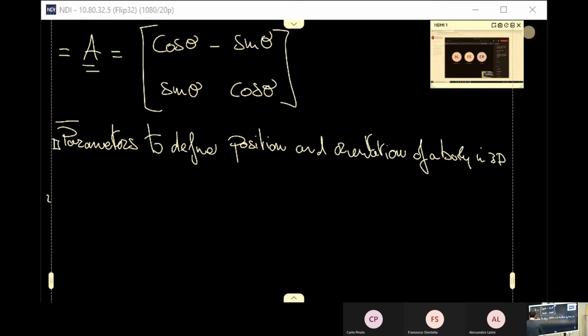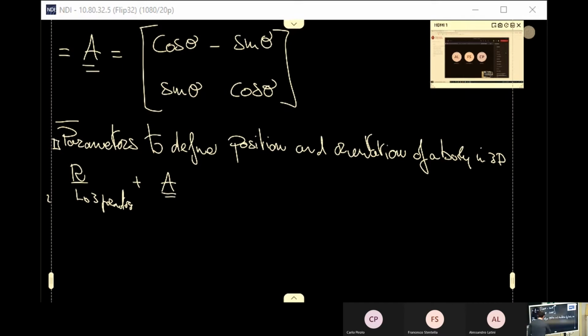So we have R, 3 parameters, but then we have A, right? Because we have to know A in order to be able to orient correctly one body within the 3D space.